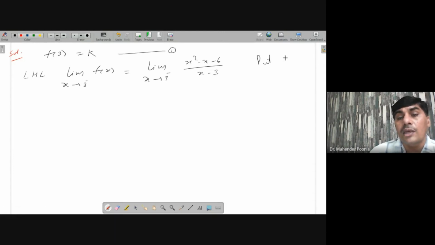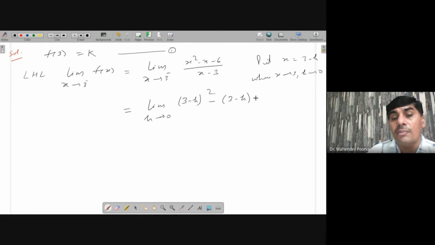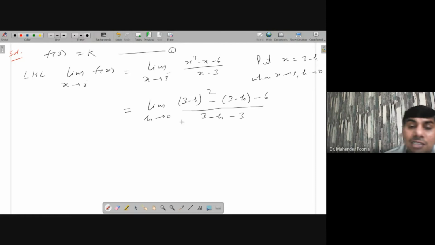Put x equal to 3 minus h. When x tends to 3, h tends to 0. That means x approaches nearer and nearer to 3, then h must be 0. Limit h tends to 0, (3 minus h) whole square minus (3 minus h) minus 6 divided by 3 minus h minus 3. We put x equal to 3 minus h in the numerator as well as in denominator.